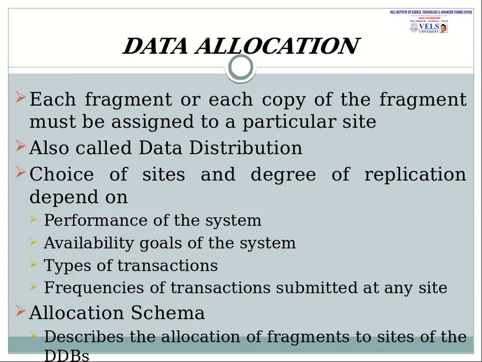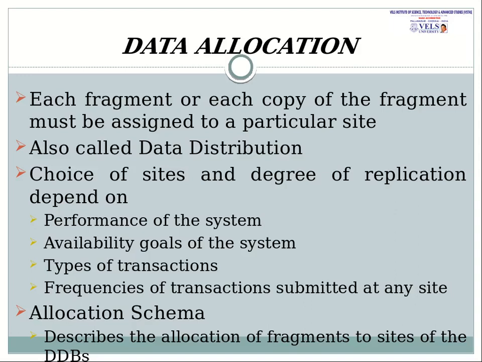The next concept is data allocation. In data allocation, each fragment or each copy of a fragment must be assigned to a particular site. This is also called data distribution. The choice of sites and the degree of replication depend on these criteria: the performance of the system, the availability goals of the system, the type of transaction, and the frequency of transactions submitted at any site.